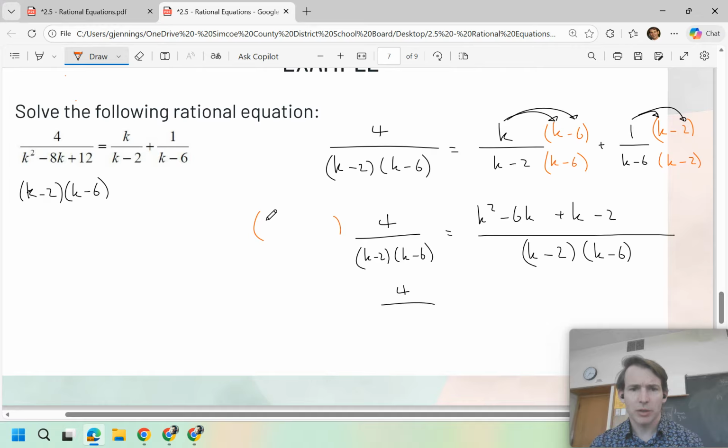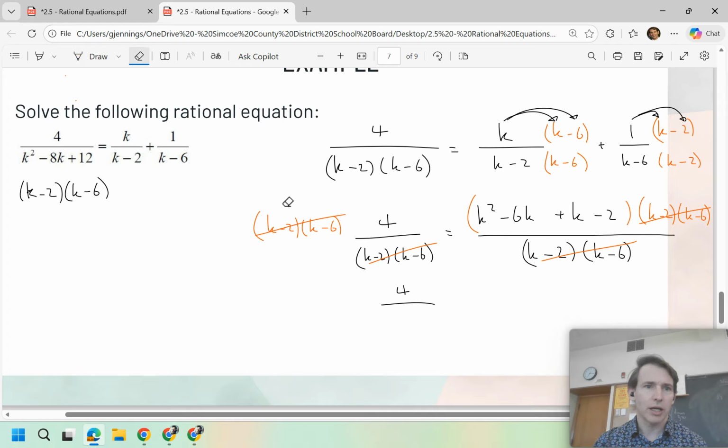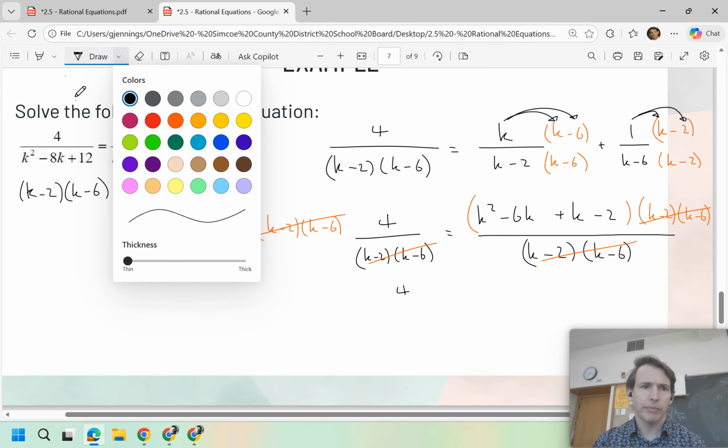Multiply both sides by k minus 2, k minus 6. K multiply here. K minus 2, k minus 6 cancels, cancels, cancels, cancels. Don't need to write it anymore. Why are we carrying around these denominators when we clearly don't need them? No reason to.